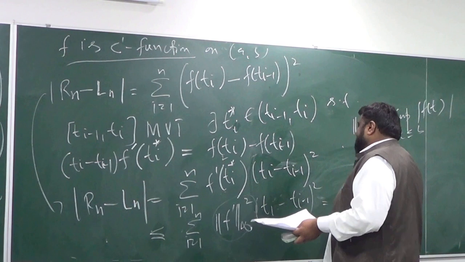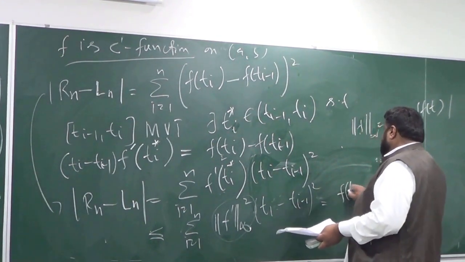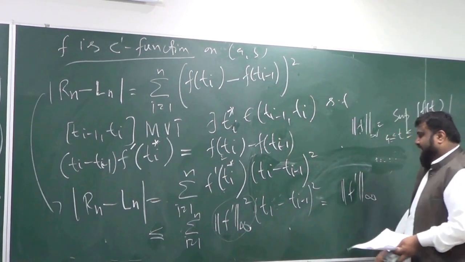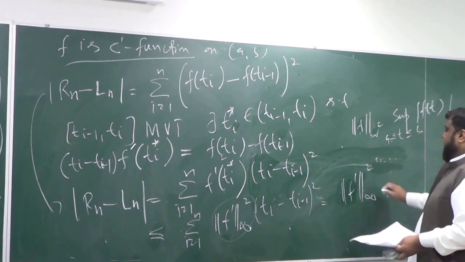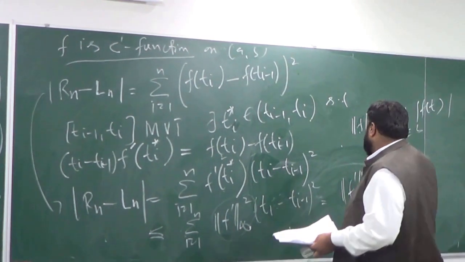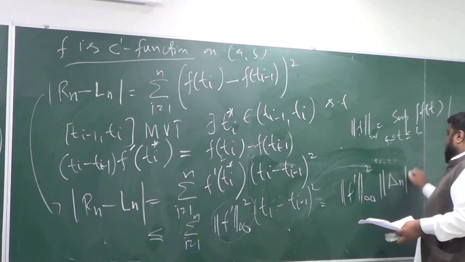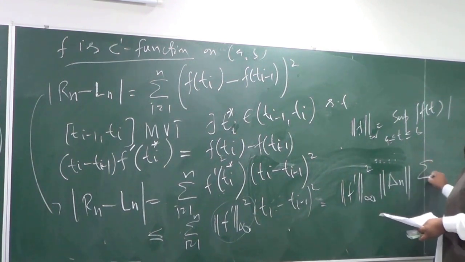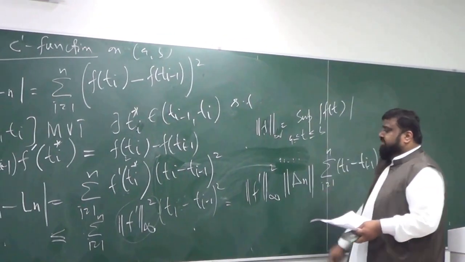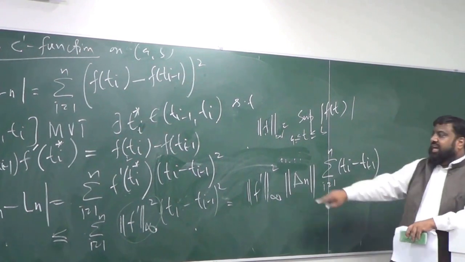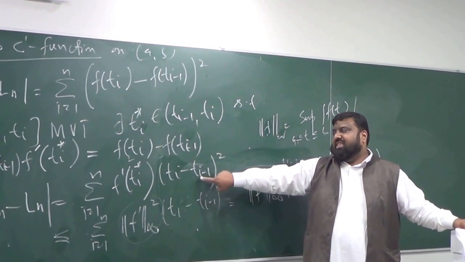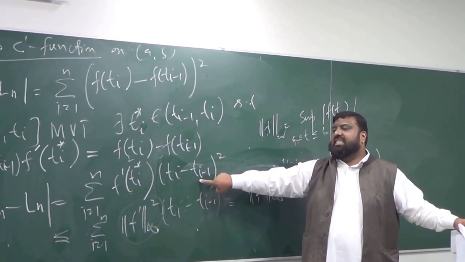That's what I want. So I'm playing a trick, trying to make sense of it yourself. I'm just pulling this out, and the difference Ti minus Ti minus 1, I'm estimating by the norm of delta n. And I want to keep one Ti minus Ti minus 1 in the expression, sum over i equal to 1. So I can write this as Ti minus Ti minus 1 multiplied by Ti minus Ti minus 1.